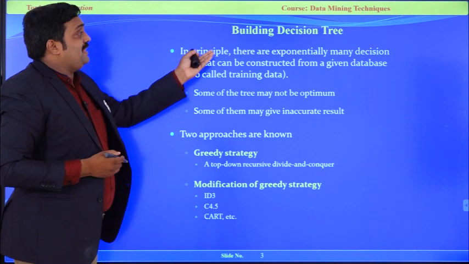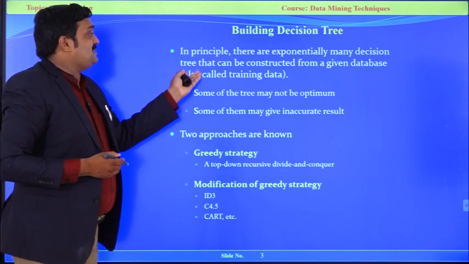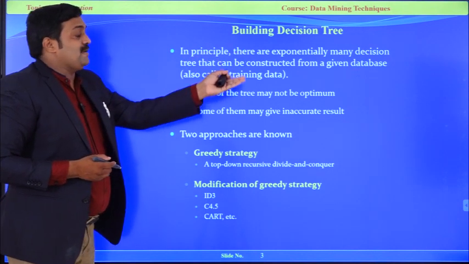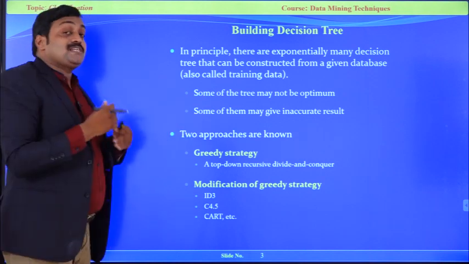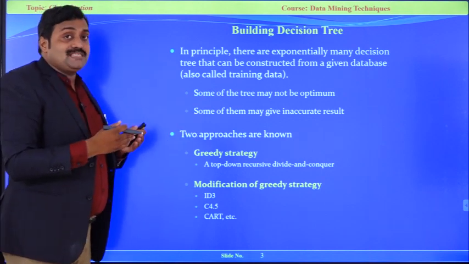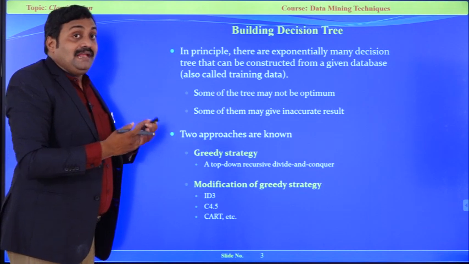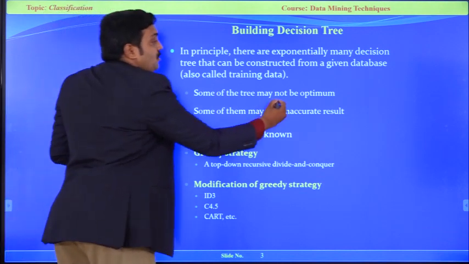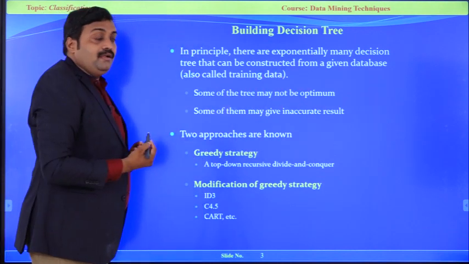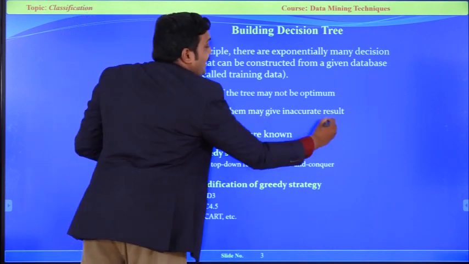So in principle, there are exponentially many decision trees that can be constructed from a given database. That means we can construct a large number of trees from the database. It leads to a tree that is not optimal or may give an incorrect result.